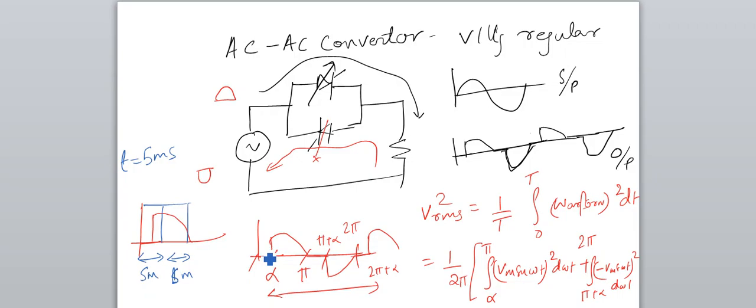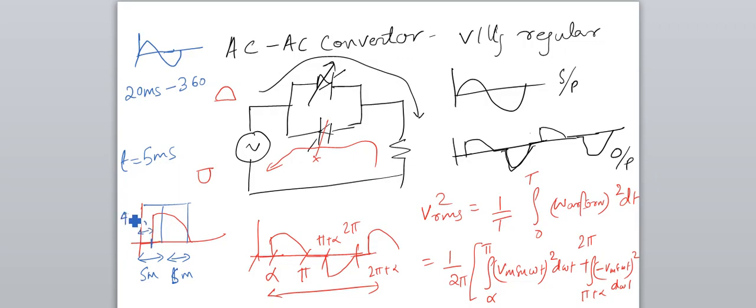Now you have to check that your total time period, the full AC cycle, is 20 millisecond, which is 360 degree. So you have to calculate this time, from 0 to this time. Suppose it is 4 millisecond.